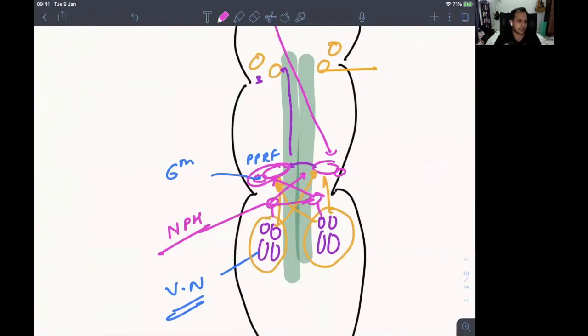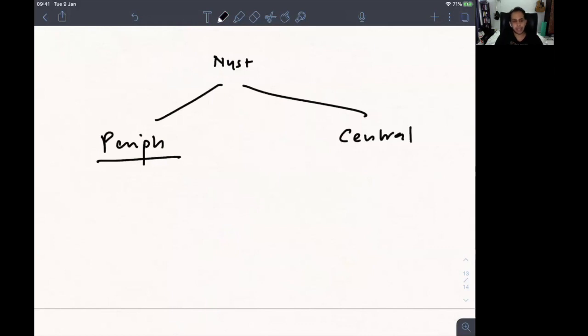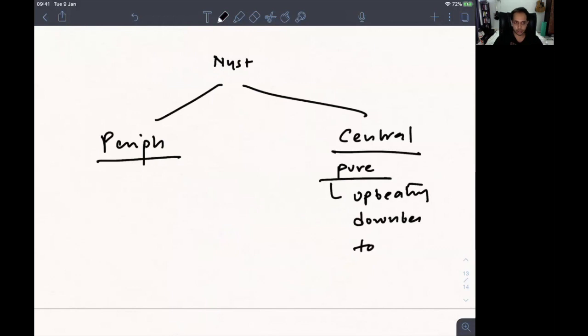Peripheral versus central nystagmus. Regarding peripheral and central nystagmus, the main difference is that central nystagmus is usually a pure one. By pure, I mean that it is either upbeating or downbeating or torsional or horizontal.